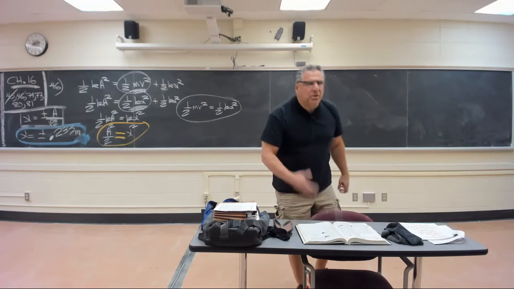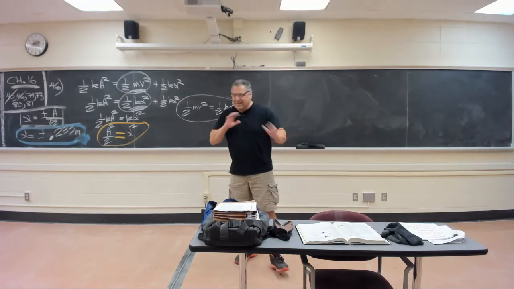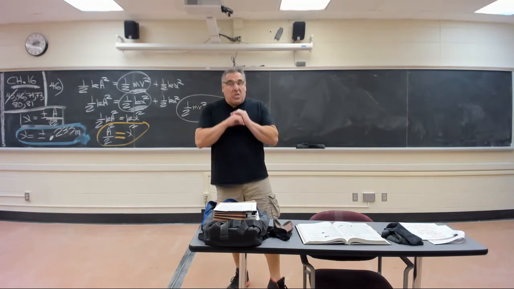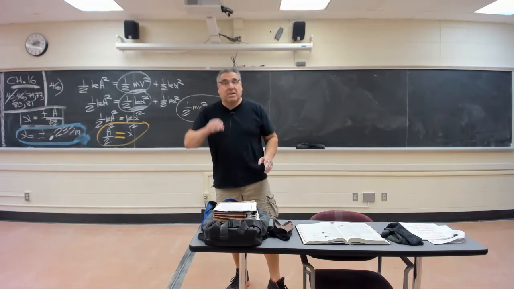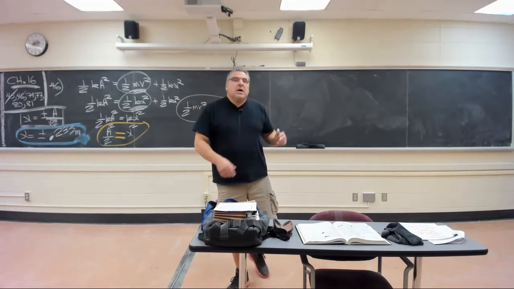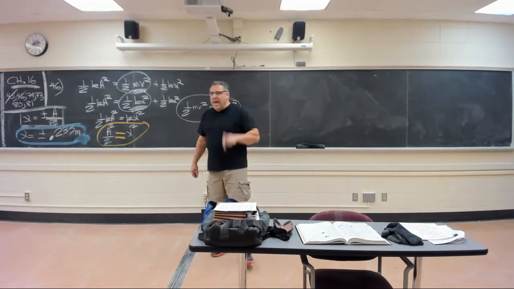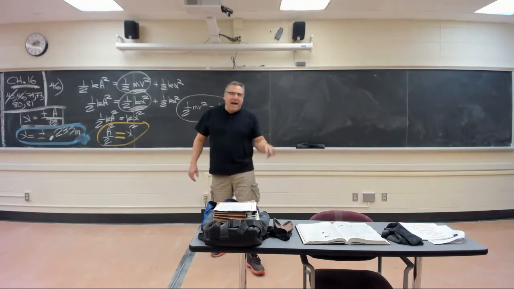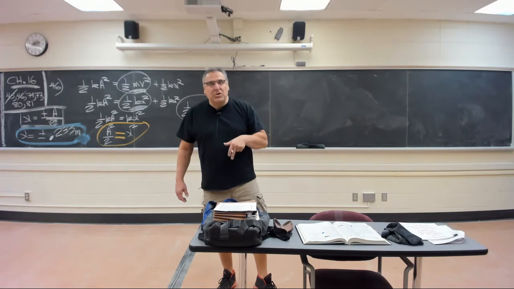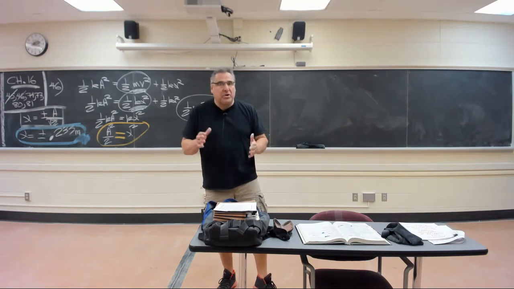Let me put it another way. The maximum kinetic energy of the system is the entire energy of the system, because there's no potential energy when the kinetic energy is at a max. That maximum kinetic energy is equal to the maximum potential energy, because the maximum potential energy is the maximum amount of potential energy, and there's no kinetic energy present.